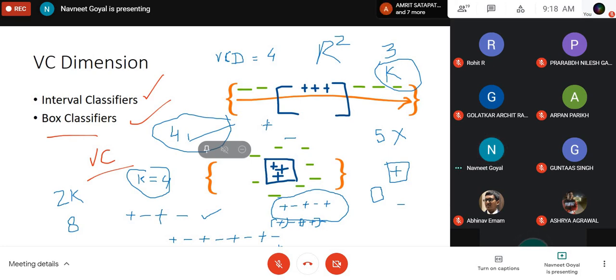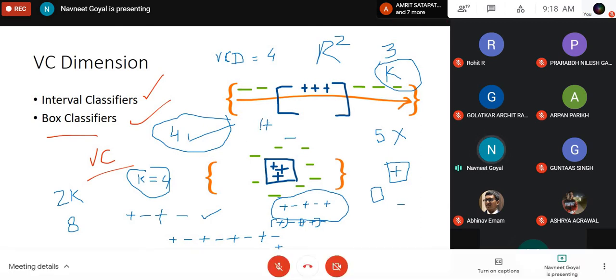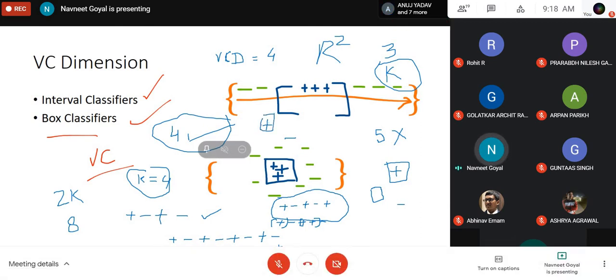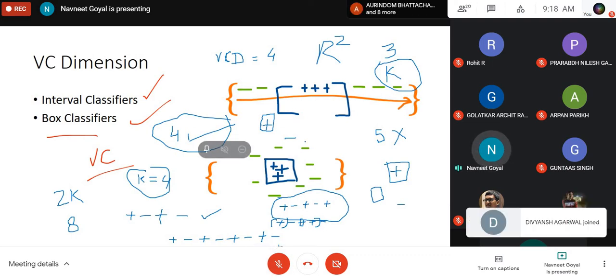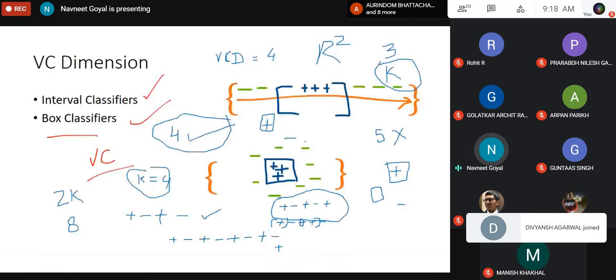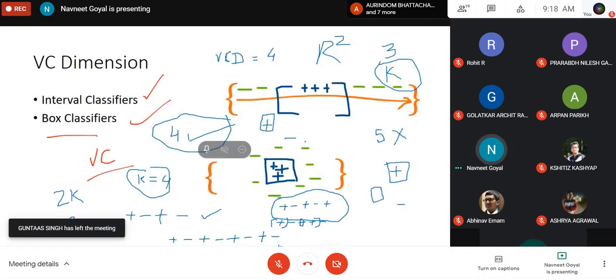Yes, I can always do this: leave out the other point, irrespective of how close it is to the plus point or how far it is from the plus point.